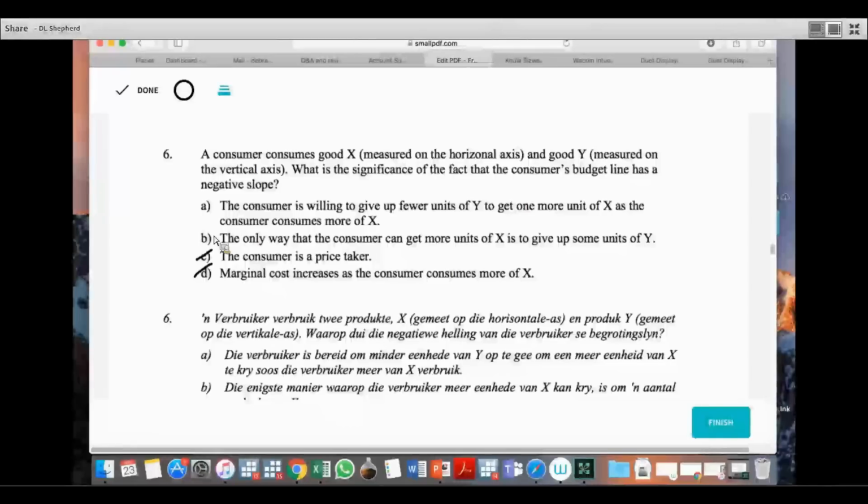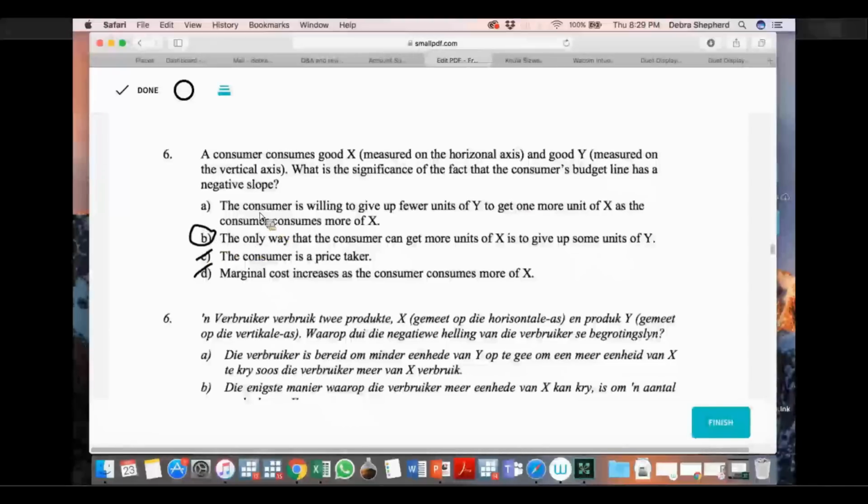Now, the answer to this question is B, and I'm going to explain why B is correct and A is incorrect.